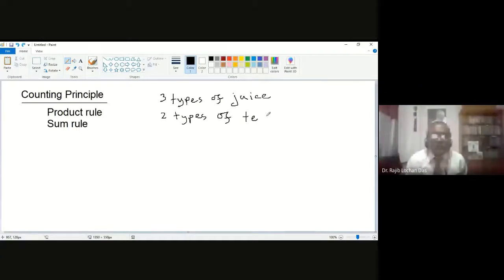There are four types of snacks. So maybe biscuit, maybe somacha, maybe shingara, something like that. So there are four types of snacks.